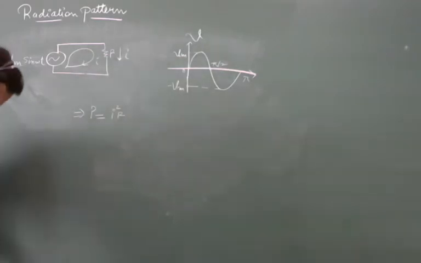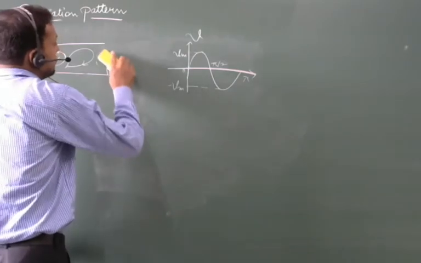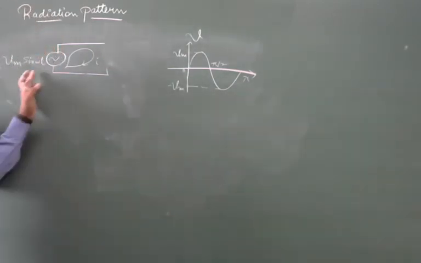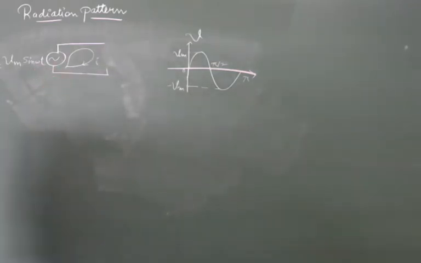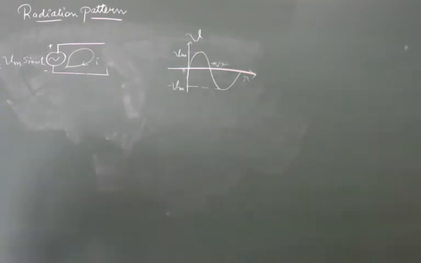Now just remove this dissipating element. Again this sinusoidal current is flowing. For the first half, this is positive, this is negative.